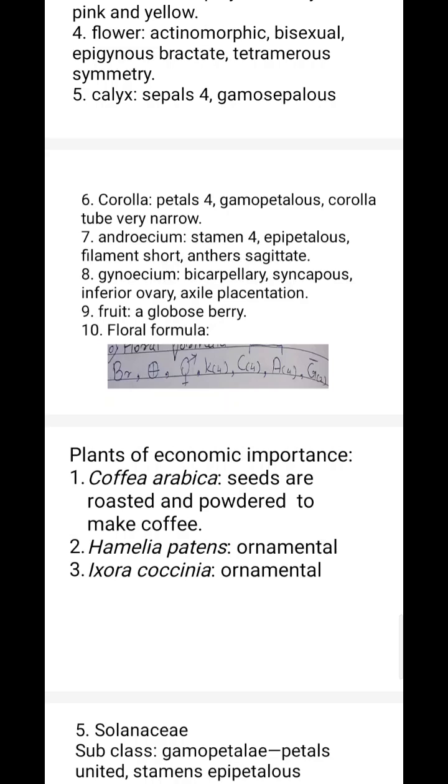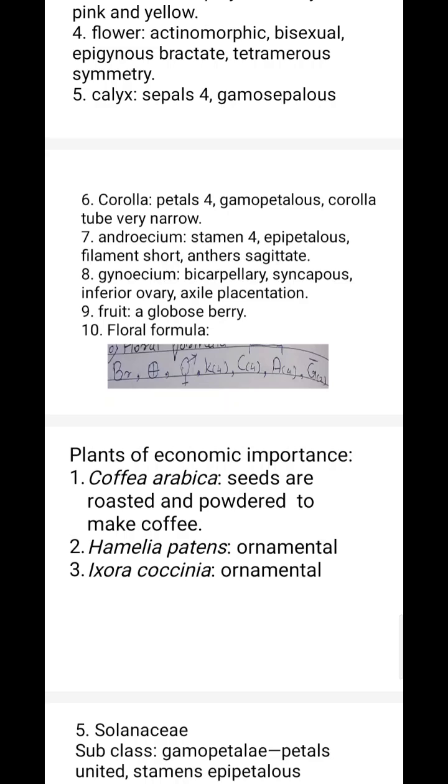The floral formula has Br, that is bracteate. Then hermaphrodite, shown by a circle with a plus sign, meaning male and female sex organs. Then calyx is 4 united, that is in bracket. Then corolla is also 4, androecium is also 4. Both are united, but the androecium is attached to the corolla.